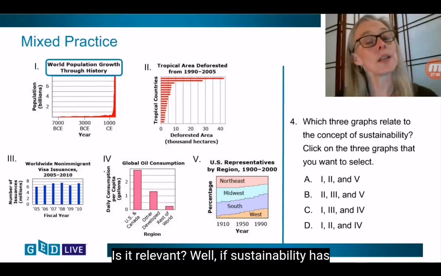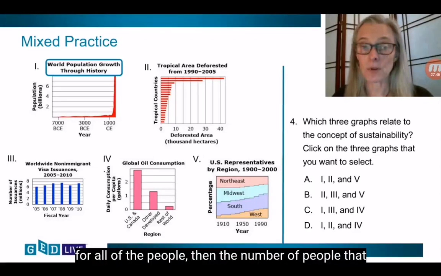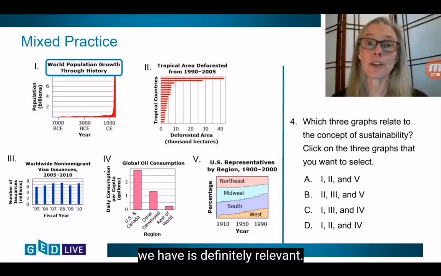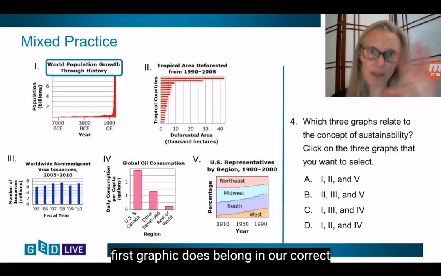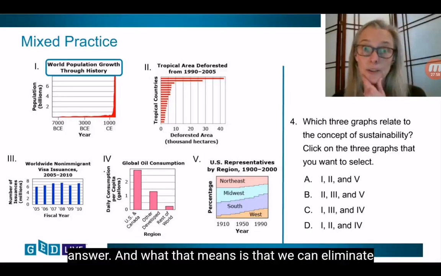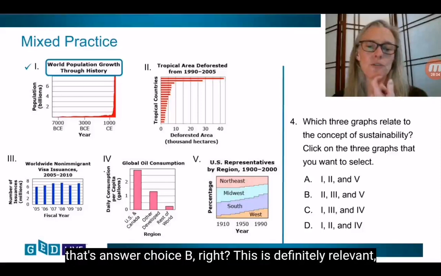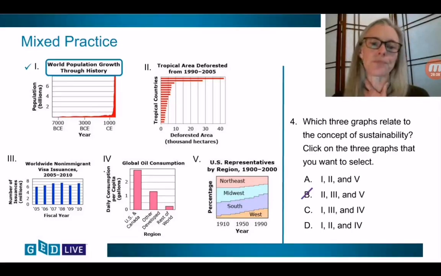Well, if sustainability has to do with having enough resources to provide for all of the people, then the number of people that we have is definitely relevant. So this first graphic does belong in our correct answer. That means we can eliminate any answer choice that doesn't have Roman numeral 1 in it. So that's answer choice B. We can get rid of answer choice B.